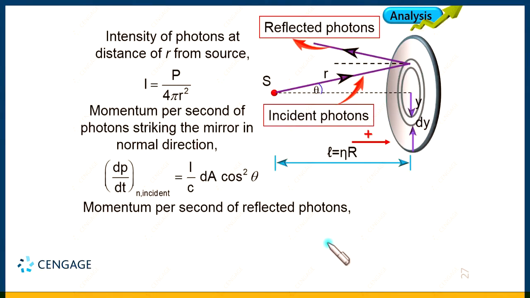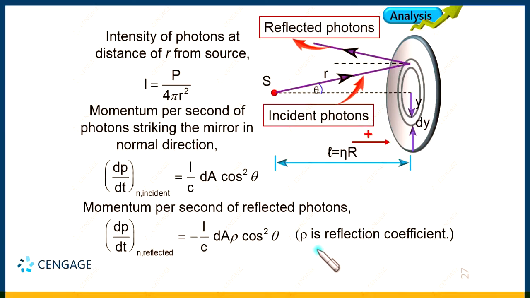If it is 1, that means 100% of the radiation is reflected back. If rho is 0, that means the radiation is absorbed by the plate, and the negative sign is there because the radiation is reflected back. So, this is the momentum per second reflected by the plate.